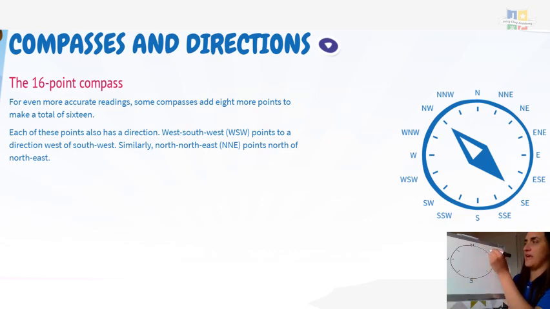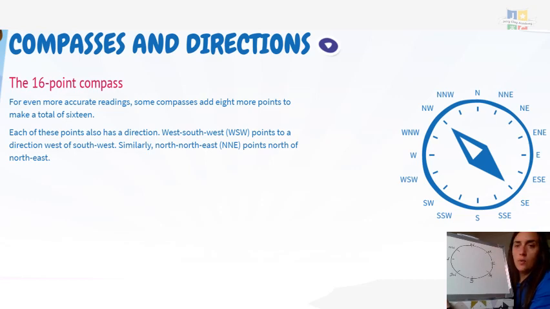That was northeast, southeast, southwest and northwest. You'll notice that the north and south always comes first on the 8-point compass because they're the easiest to remember. Now, the 16-point compass, things get a little bit different.